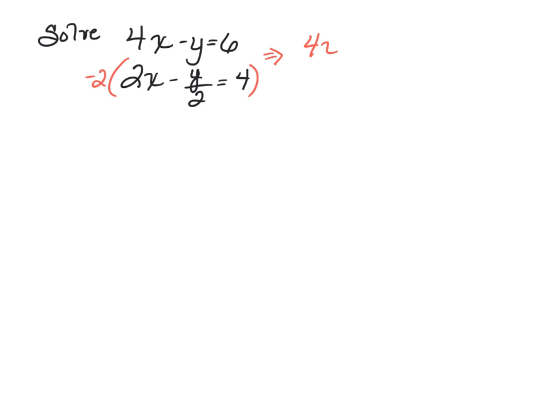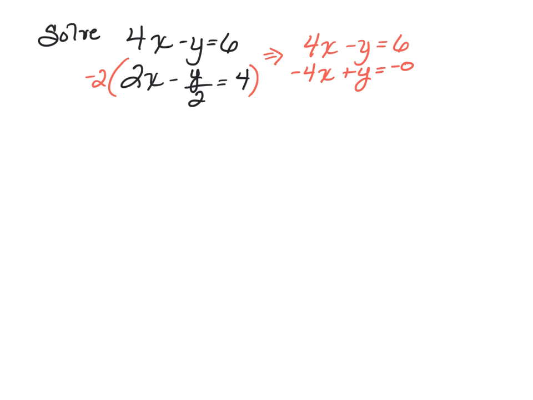So I have 4x minus y equals 6. Now I want to multiply the second equation by negative 2. So I get negative 4x. Then negative 2 times negative y over 2 is positive y. And negative 2 times 4 is negative 8.